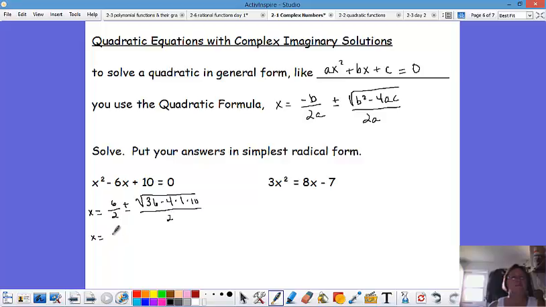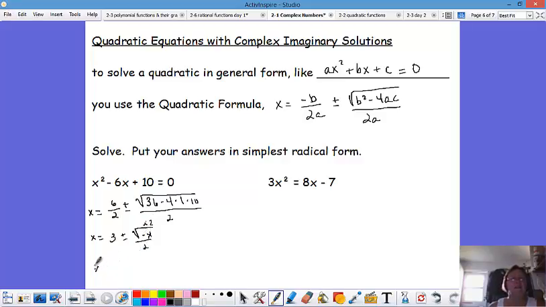Simplifying, x will equal 3 out front, plus or minus, under the radical, 36 minus 40, and that is -4, all over 2. All right, I can take the square root of -4 because the square root of 4 is 2, and the square root of -1, folks, is i.